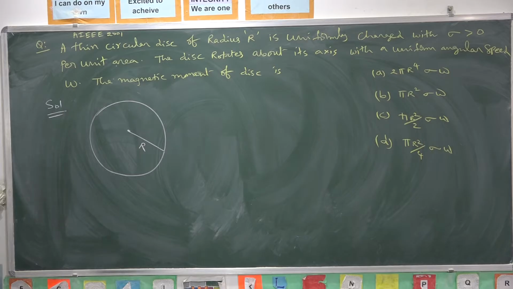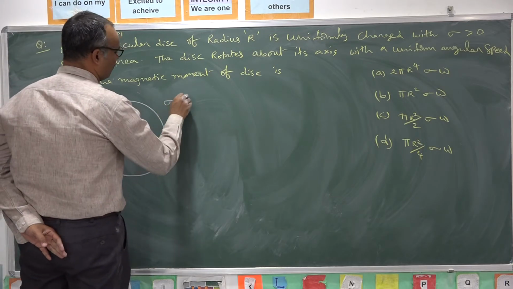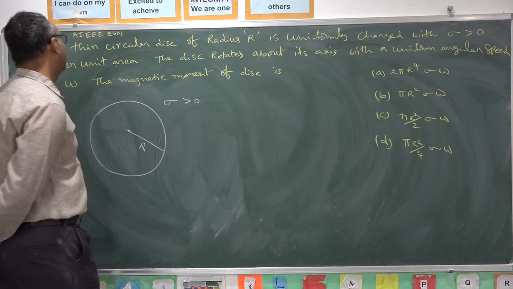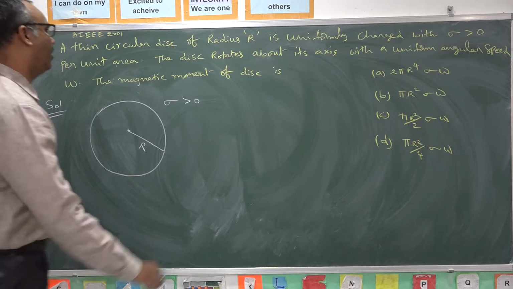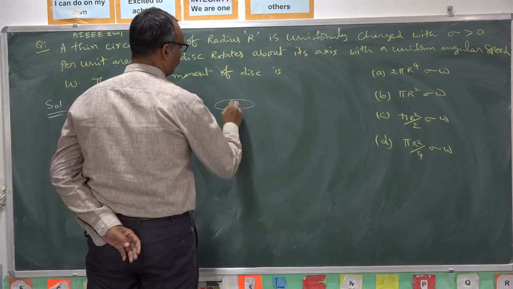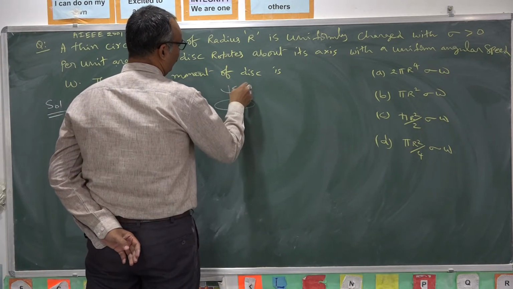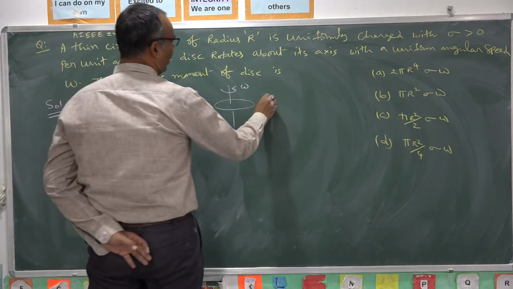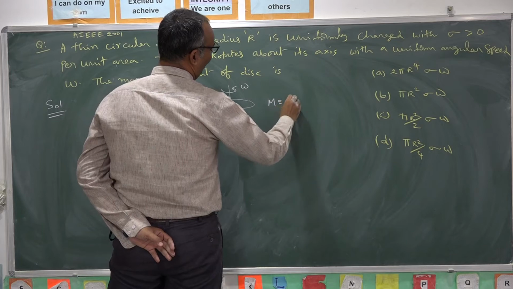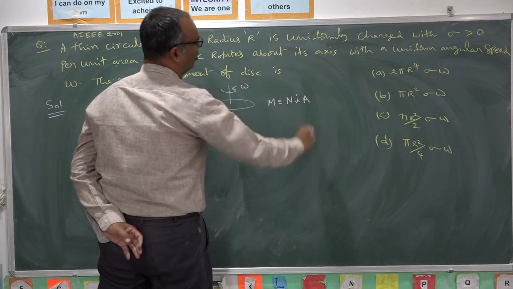It is having surface charge density sigma greater than 0, and the disc rotates about its axis with an angular speed of omega. What is the magnetic moment, capital M? You know that NIA is the general formula for magnetic moment.